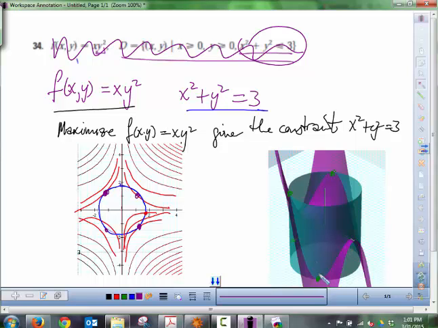So I kind of see 2 minimums and 2 maximums over here. And the level curves look like they're going to be tangent to each other. What does it mean when curves are tangent to each other?